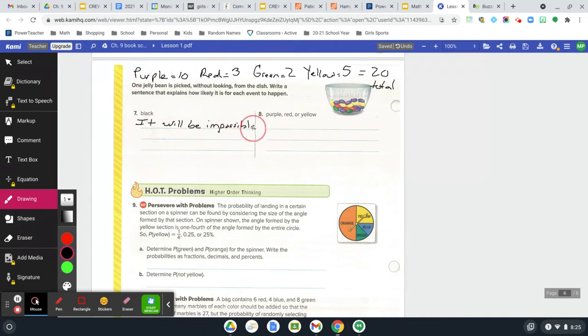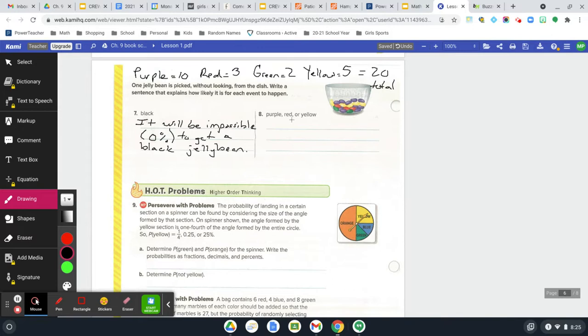And since there's no black jelly beans in that bowl, that has a 0% chance of happening. So the probability of getting black is 0%. It will be impossible to get a black jelly bean. Okay, number 7, all set.